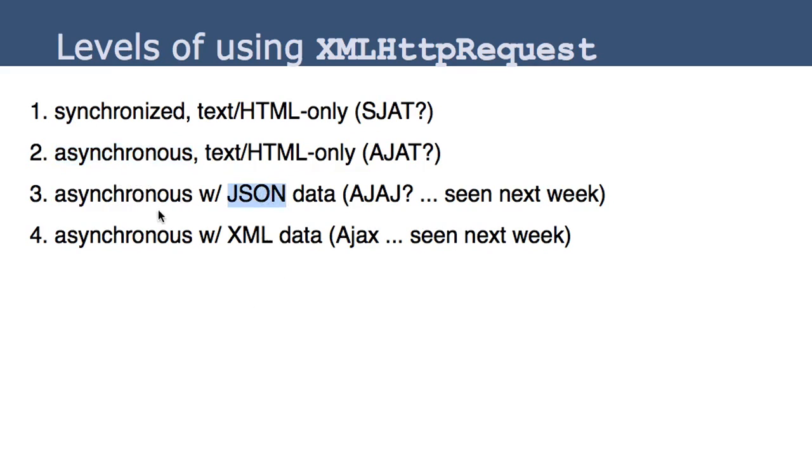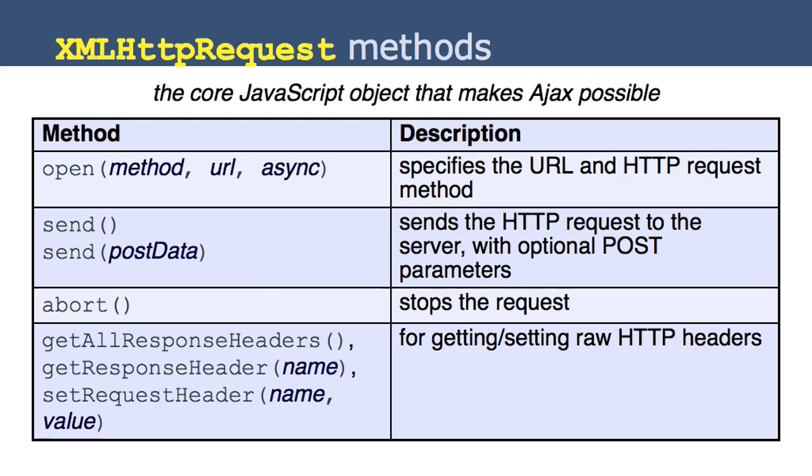We can also use it in conjunction with plain text or HTML, but we can also use it in conjunction with, for example, JSON and XML. Ajax, by the way, stands for asynchronous JavaScript and XML, which nowadays might be a misnomer because we use it with JSON and with text and whatever, and we might use it synchronously as well, but we just call it Ajax.